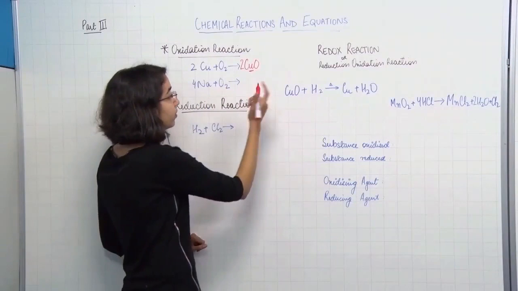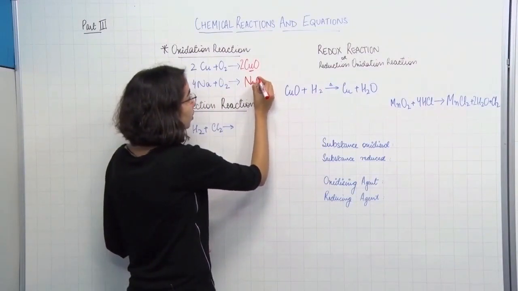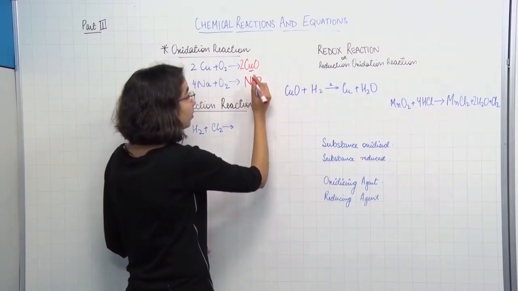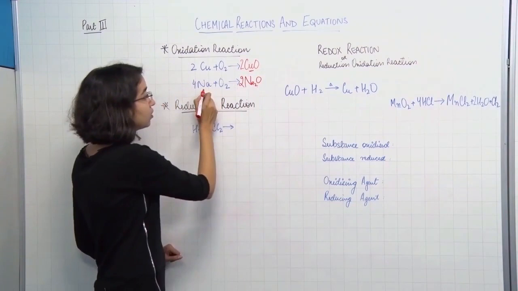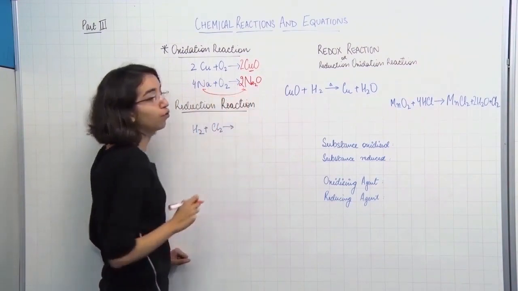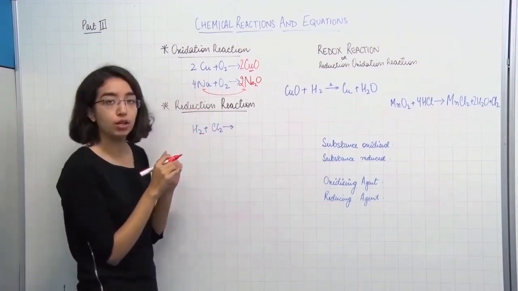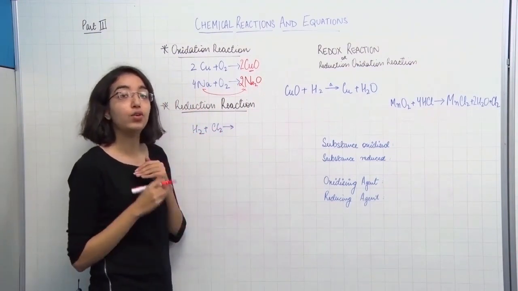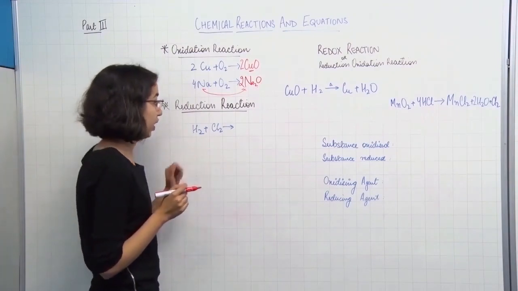Similarly, sodium can also react with oxygen, forming sodium oxide, and this is basically sodium which is now oxidized to form sodium oxide. The opposite of oxidation is reduction. When a substance either loses oxygen or gains hydrogen, then it is called as reduction.